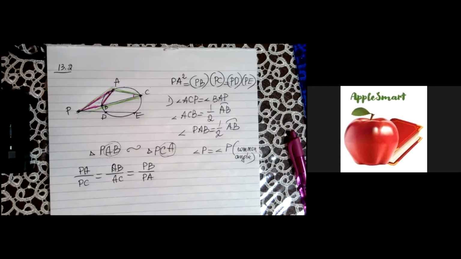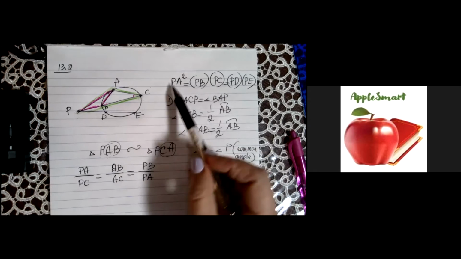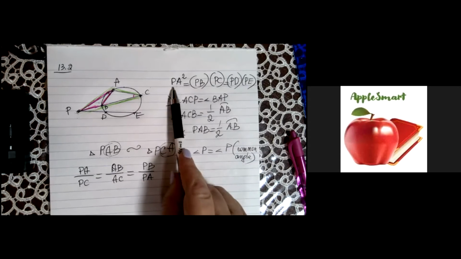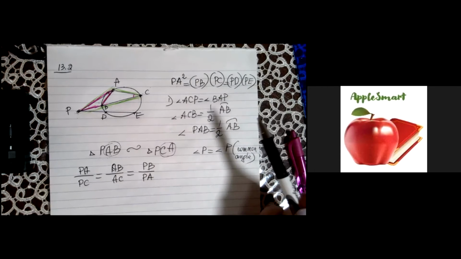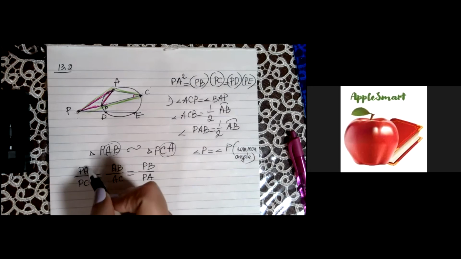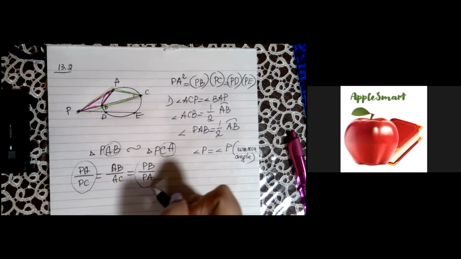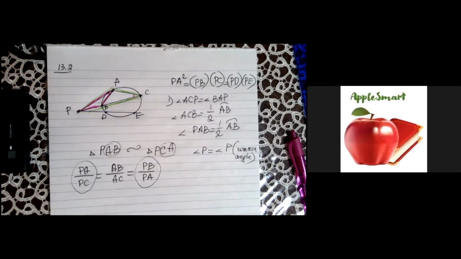Now, my goal is to prove this, remember? PA squared. How would I get PA squared? If I take this one with this one and cross multiply, what will happen? Because when I have two equal ratios, I can cross multiply them and I should get equal expressions, right?